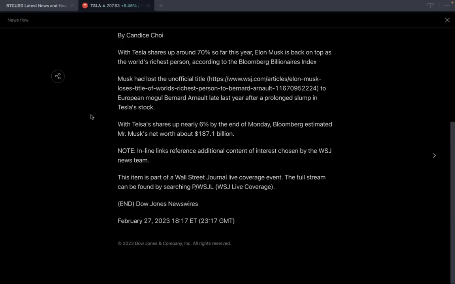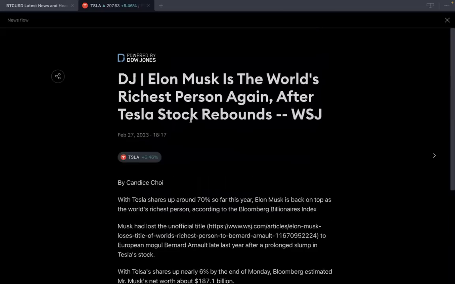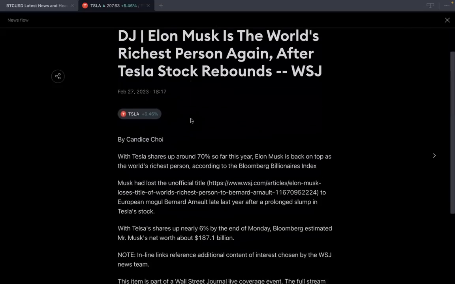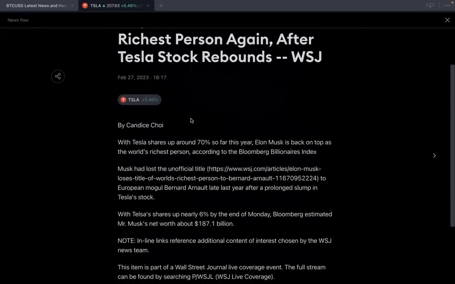Hey guys, so as you can see, it gives good information. Seems like Elon's the richest man again in the world, per a report that came out an hour ago. It says due to Tesla stock rebounds, Tesla shares are up 70% so far this year. Elon Musk is back on top as the world's richest person, according to the Bloomberg Billionaires Index. Musk had lost an unofficial title to European mogul Bernard Arnault last year after a prolonged slump in Tesla stock.